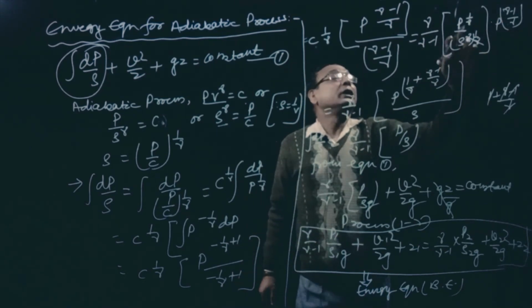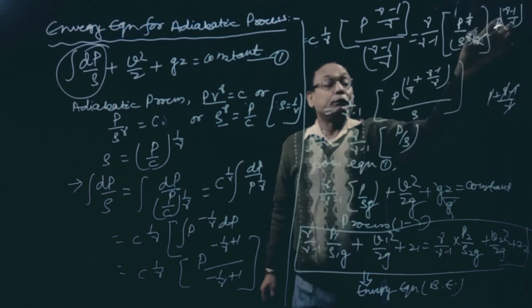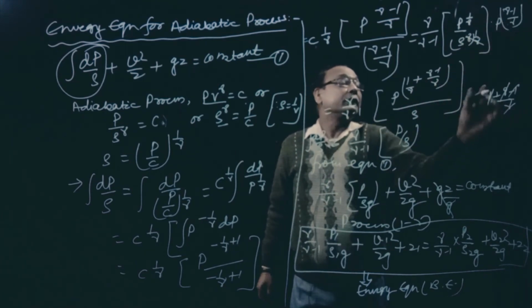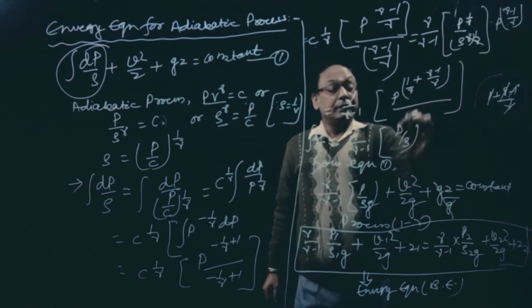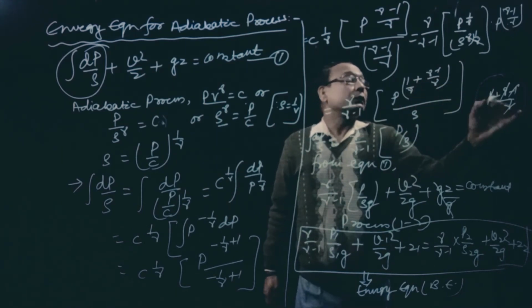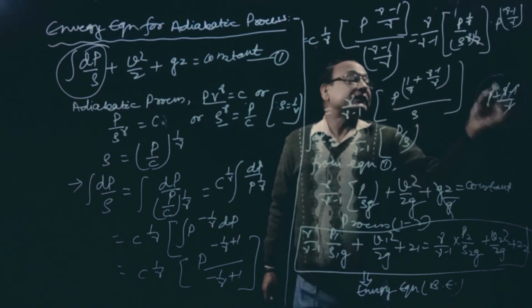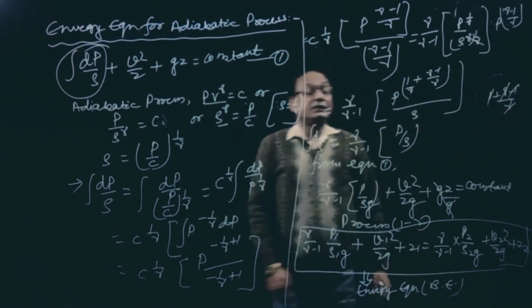The bases are the same, and in multiplication the powers will be added. So we have added this value. So this will be just p by rho. That is 1 plus gamma minus 1, so the 1 and minus 1 get cancelled, and gamma by gamma also will get cancelled. So p by rho only.